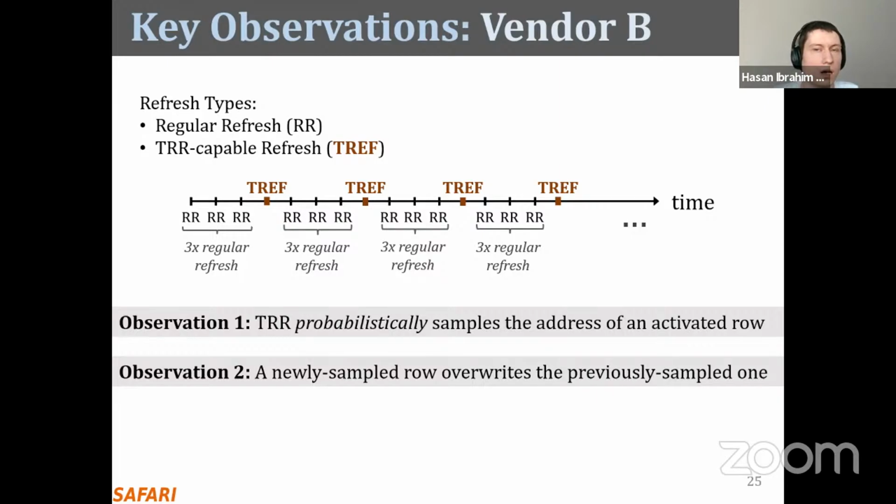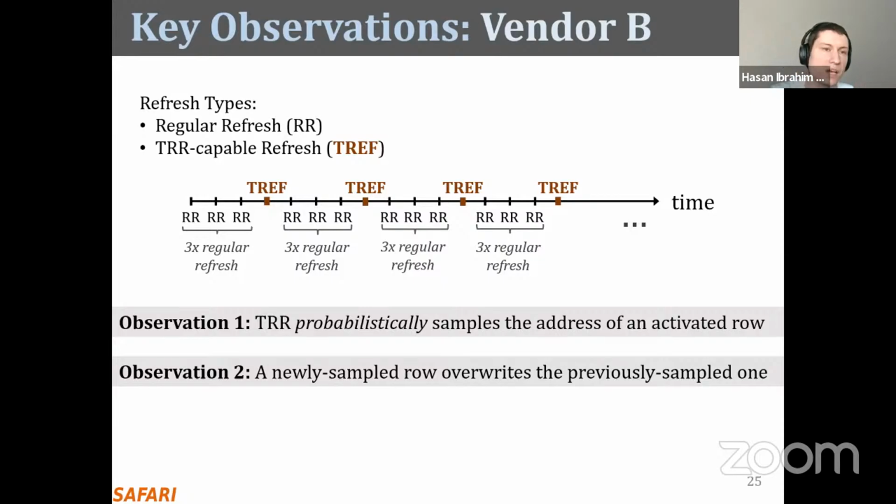And the TRR mechanism keeps this row 101 detected as aggressor row until another row is sampled, again with a very low probability. Sampling another row overrides this previously sampled row. Okay, I hope that's clear.